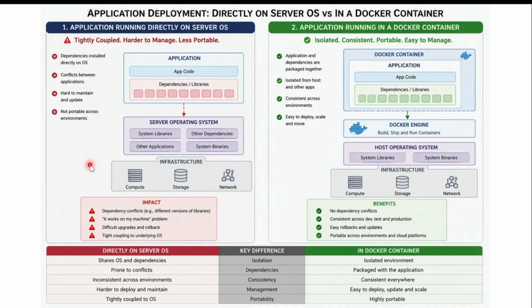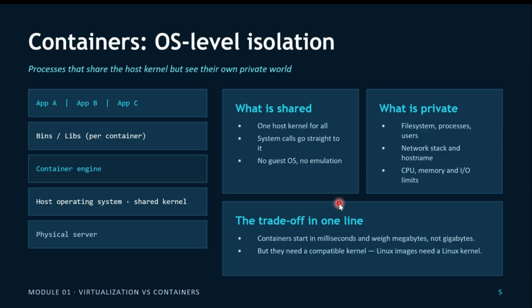Okay, so I already explained about this. I will just come back to here and then summarize again. This is a different topic which I started with. Containers is where you get OS abstraction, OS level isolation. So instead of having a separate operating system for each and every virtual machine as in virtualization, Docker containers or similar concepts like Podman or LXC, those platforms don't need a separate operating system for each and every application.